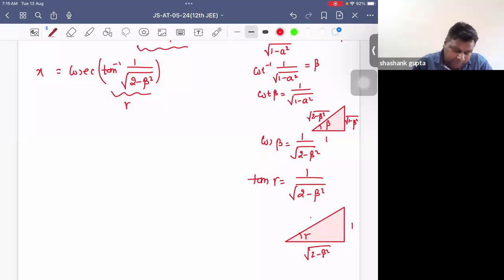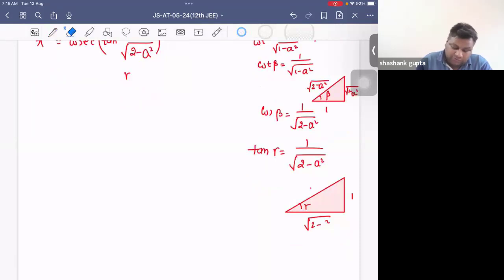I made a small mistake. This is not beta, this will be A. Just in the flow, this will be A square. So this is under root of 2 minus A square. This is 2 minus A square. This is 2 minus A square. And this is also A square.